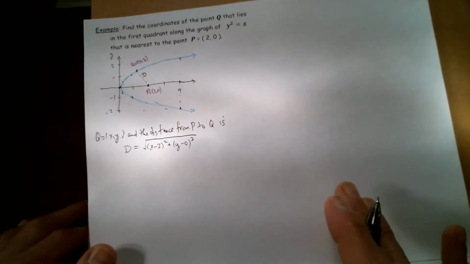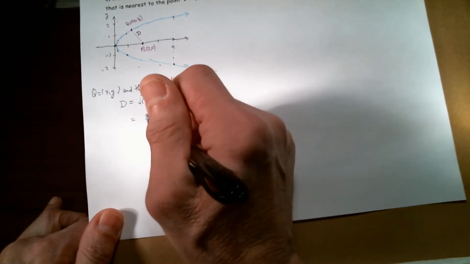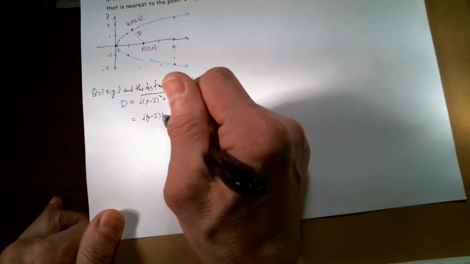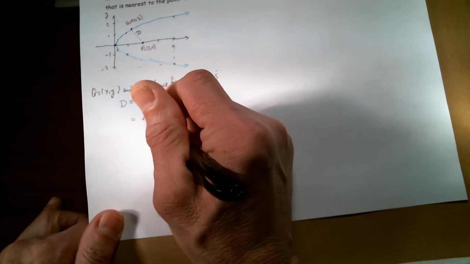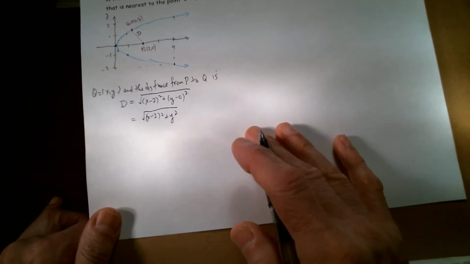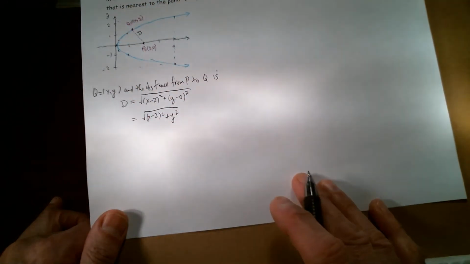Thus the distance is the square root of (x minus 2) squared plus y squared. So that's a formula for the distance from the point P to Q.